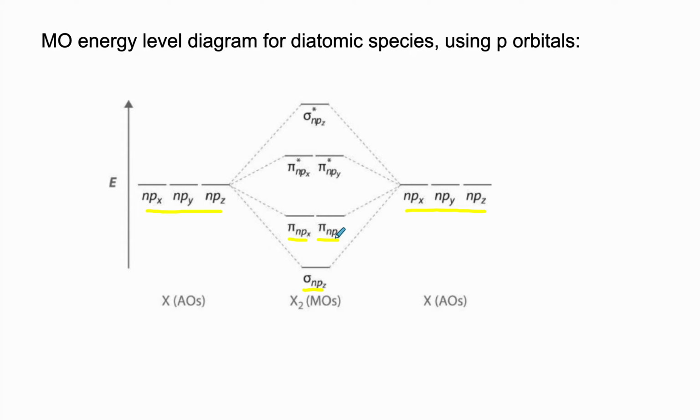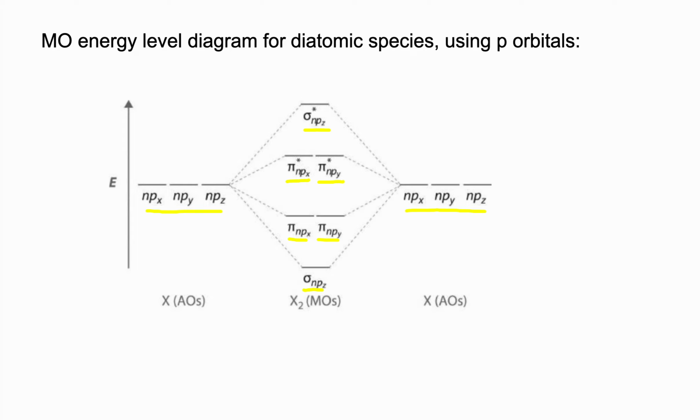And notice that those are lower in energy than the starting atomic orbitals. But we also end up with 2 pi star antibonding molecular orbitals, and up here way at the top, a sigma star antibonding molecular orbital as well. So again, a total of 6 p orbitals on our starting atoms result in 6 molecular orbitals, 3 of which are bonding and 3 of which are antibonding.